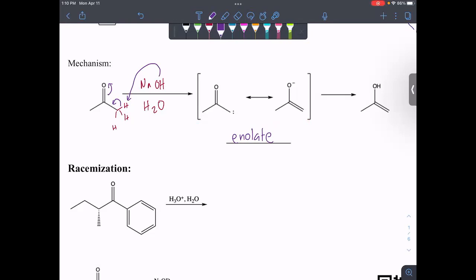In the enolate, you can go between the 2 forms by just moving the lone pair. You can go from this lone pair up to this carbon, up to the oxygen, and get this form of the enolate. And then to go back from that form, you just move these electrons down and those electrons back onto the carbon.